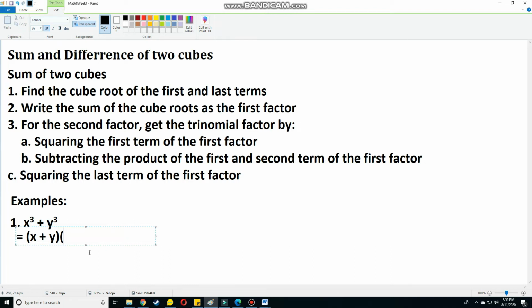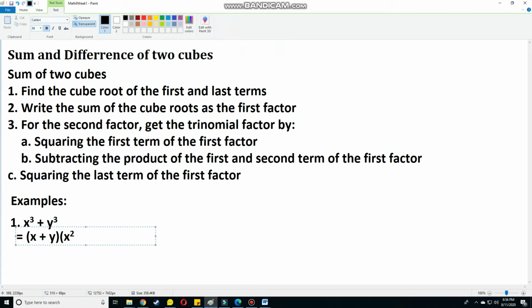Now, this is the first factor, x plus y, and this is the first term, this is the second term, and we would get the square by squaring the first term. What's the square of x? That would be x squared.